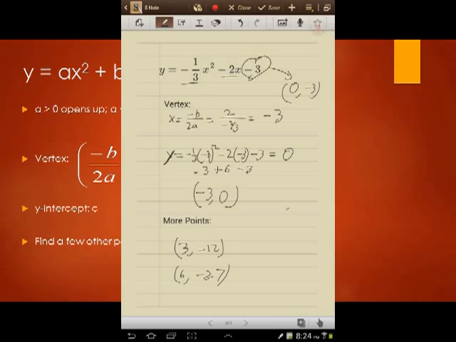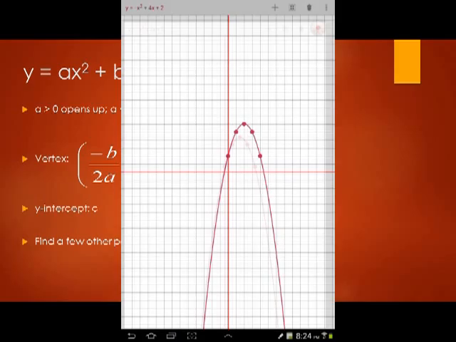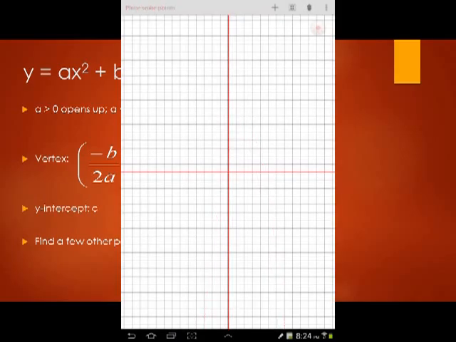Alright, let's try to graph that. Negative 3, 0. 0, negative 3. 3, negative 12.